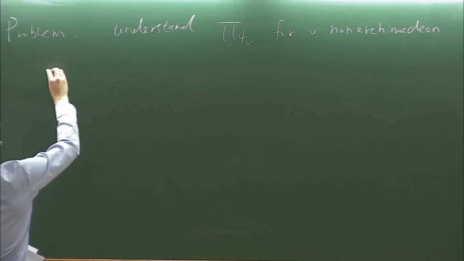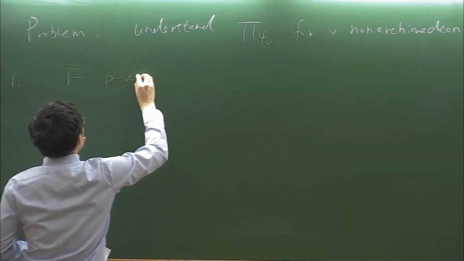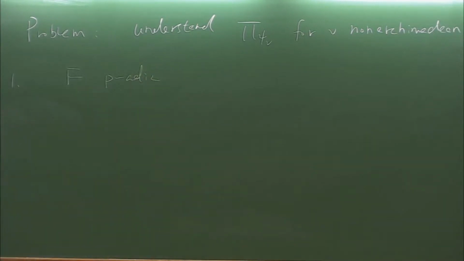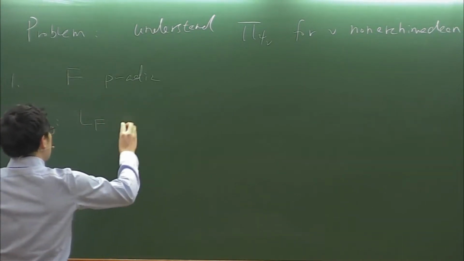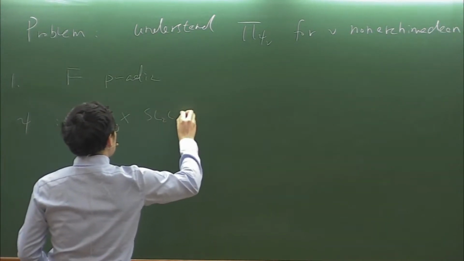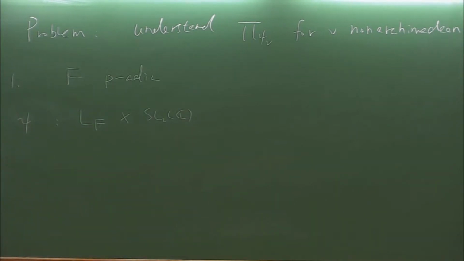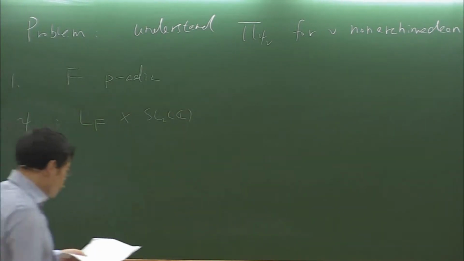So let me take F to be the p-adic field. Locally we can write down this kind of local version of the A parameter very explicitly. So here you have the local Langlands group cross SL2C coming from the global SL2C.